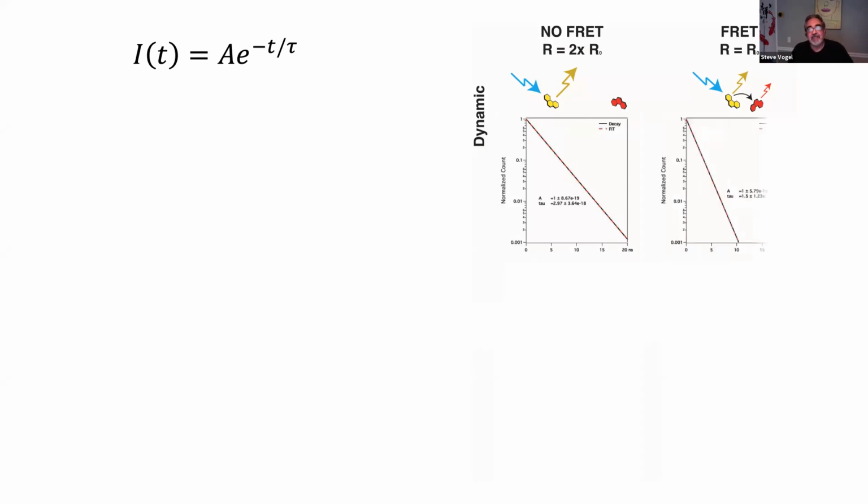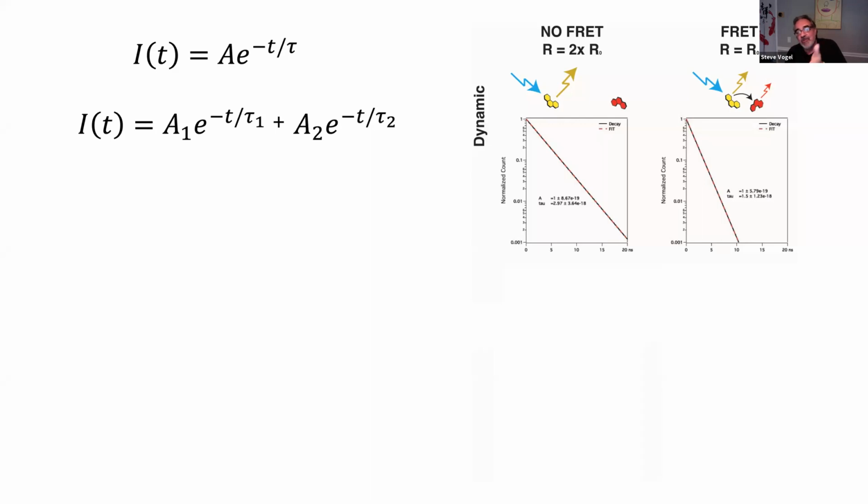On the other hand, if the separation is the same as the Förster distance, now we see when we do the fitting, it's still a single exponential decay, but that single exponential decay is now 1.5. Okay, so if we just took this data and we wanted to measure FRET, we would say, okay, 1.5 divided by 3 and 1 minus that, and that would say 50% FRET efficiency. Okay, and that's true, and it's perfectly legitimate, right?